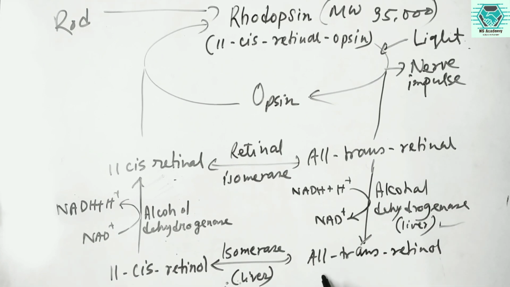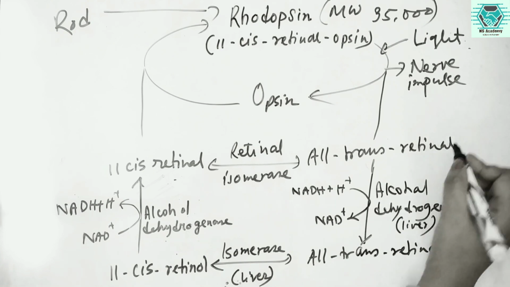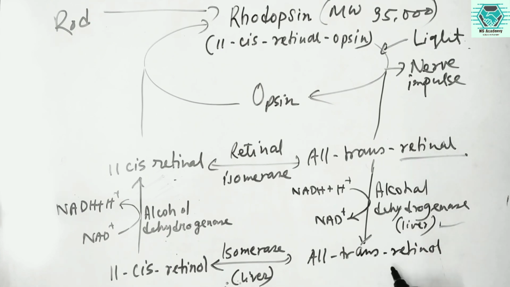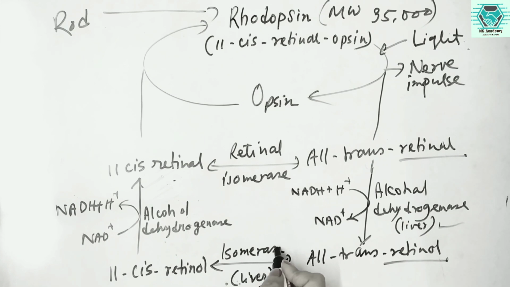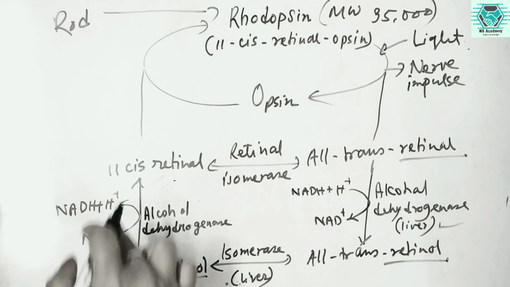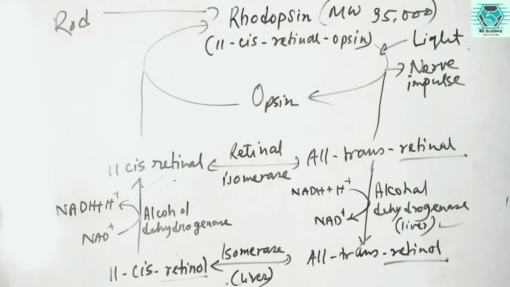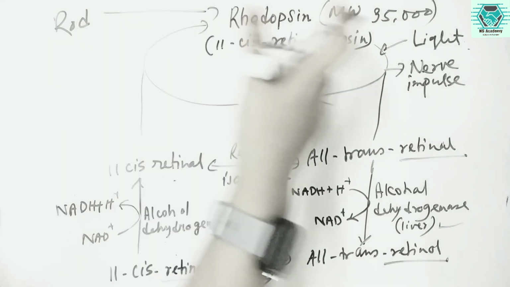Then the all-trans retinol undergoes isomerization, also by an enzyme present in the liver, isomerase, to 11-cis retinol, which is then oxidized to 11-cis retinal to participate in the visual cycle again.